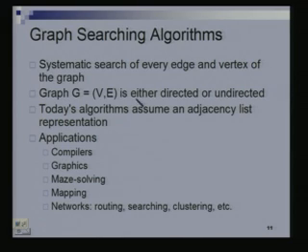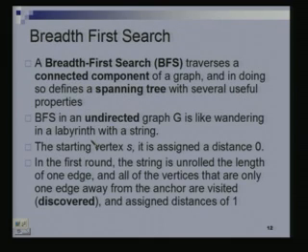Graph searching algorithms are the most common algorithms that you typically perform on graphs, and they appear in a whole lot of settings. The algorithm that I am going to be discussing now is what is called the breadth first search algorithm, or BFS for short. What does BFS do?